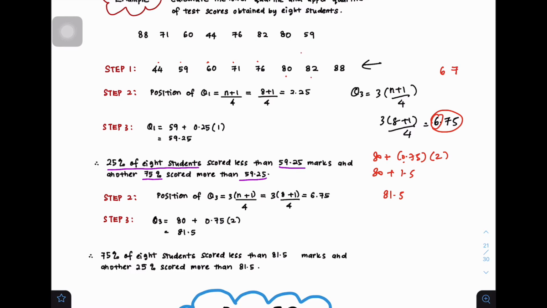So 6.75 duduk dekat sini. Okay, so kita nak cari point dia. So kita dah cari data ke-6 adalah 80 tambah dengan 0.75 darab dengan perbezaan jarak antara dua ni iaitu 2. So awak dapatlah dia punya Q3 adalah 81.5. So kat sini Q3, 81.5. Okay, kedudukan dia. So now this is the value of our Q3.